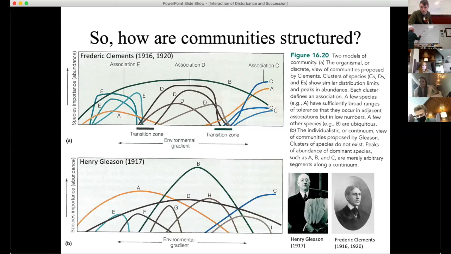Do they go through a rapid transition into Palo Colorado forest, and all those Palo Colorado forests look alike and have the same species in them? And then there's a very rapid transition into palm forest, and then a very rapid transition into cloud forest. That would be very much a Clementsian way of thinking about this.